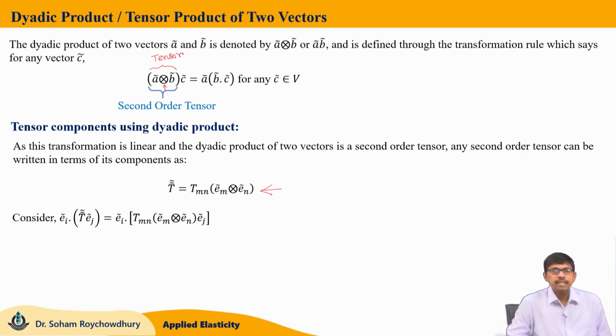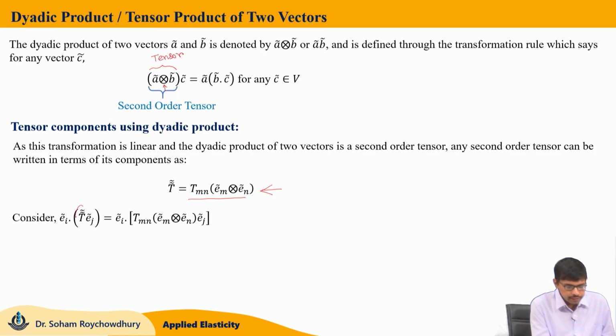So, e_i dot T acting over e_j, we are starting with this expression. Now, T acting over e_j is simplified, and for that this particular dyadic product definition of T is replaced.